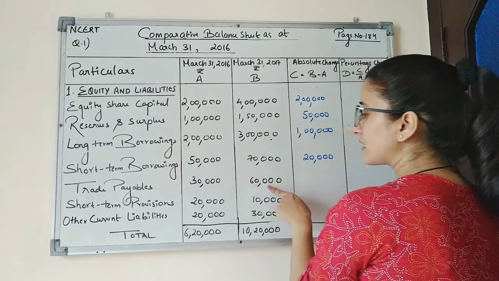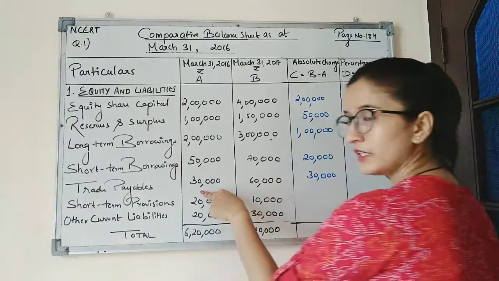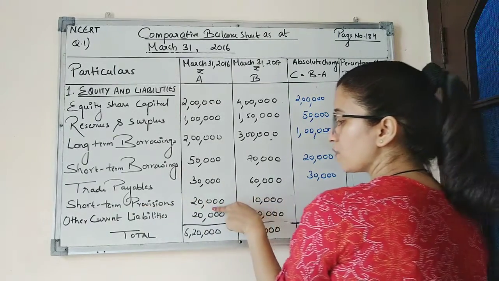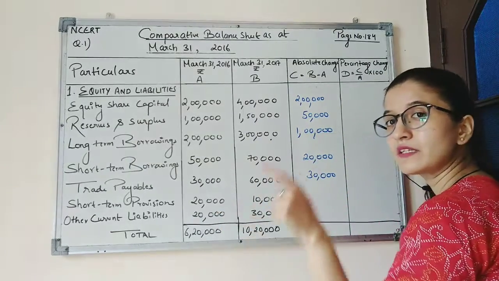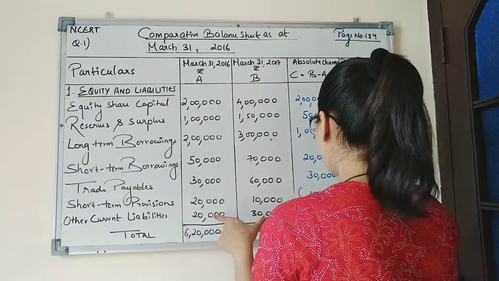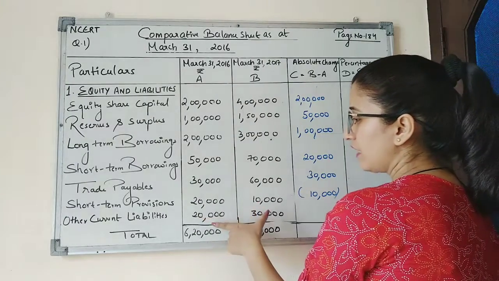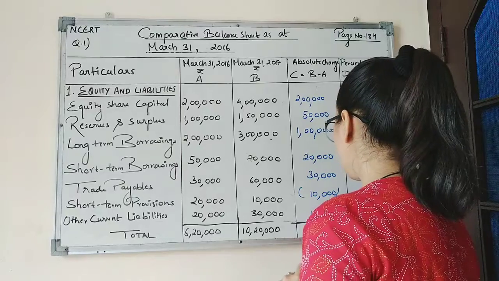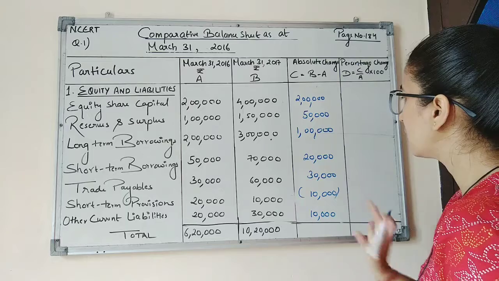Trade payables will be 60,000 minus 30,000, 30,000. Short term provisions will be 10,000 minus 20,000. Now we are getting a negative value here, so we will represent the negative value by putting it in brackets: (10,000). And other current liabilities will be 30,000 minus 20,000, which is 10,000.